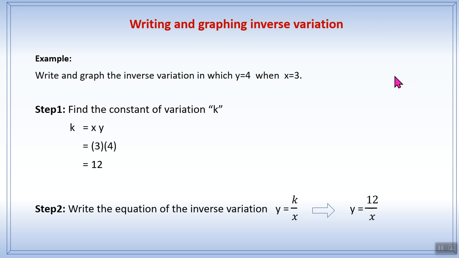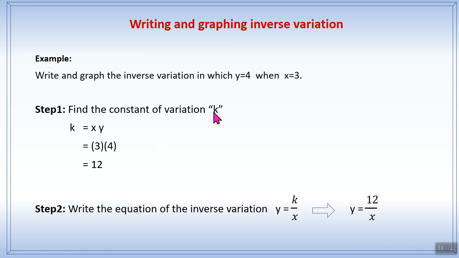Now the example says: write and graph the inverse variation in which y is equal to 4 when x is equal to 3. As we said yesterday, we have to find the constant of variation k in the first step. Step number 1, find the constant of variation, which is k.